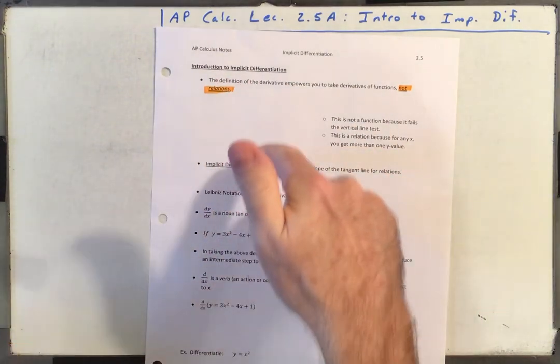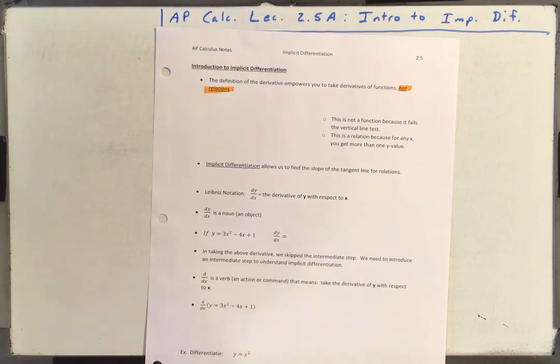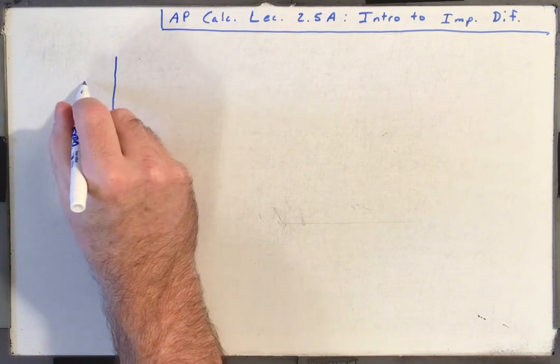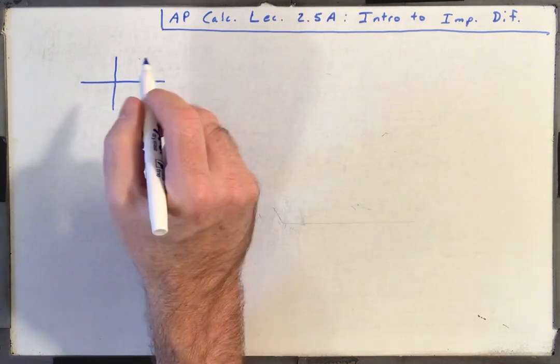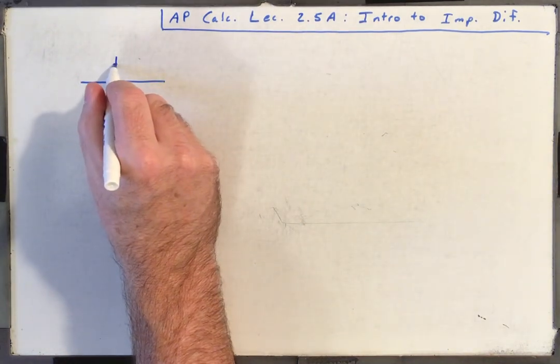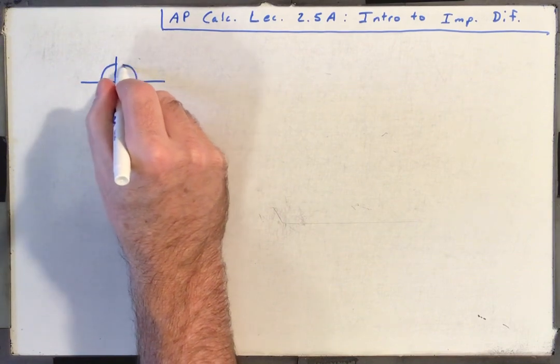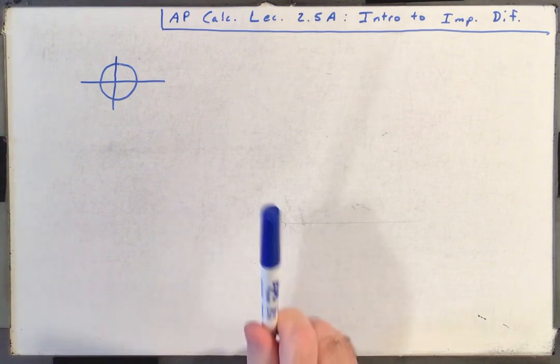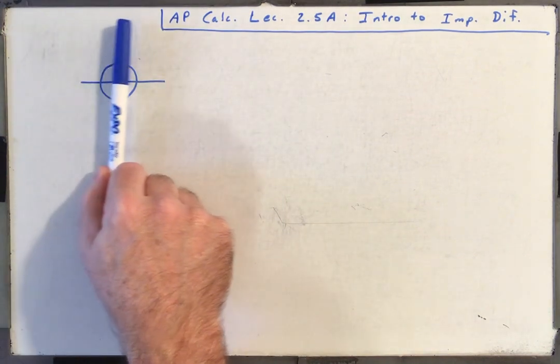So in this space here, let's just draw an x and y axis, and just draw a circle. A circle fails the vertical line test, right?